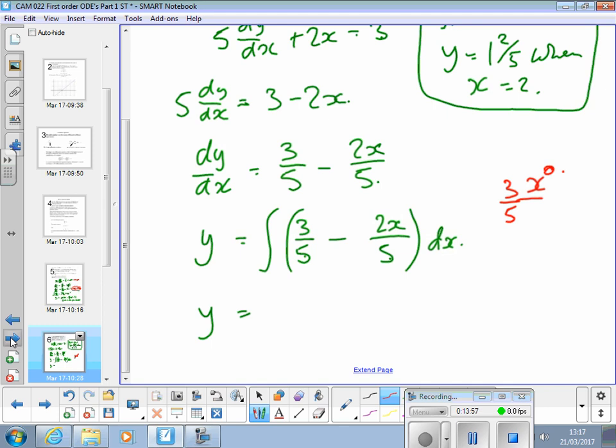So we make that 1, so it ends up as 3/5 x. So the variable comes back basically. When you integrate a constant, you just bring the independent variable back.